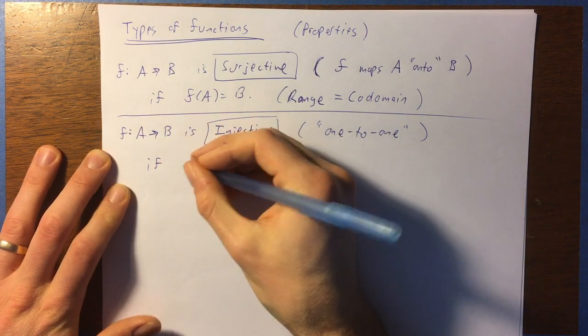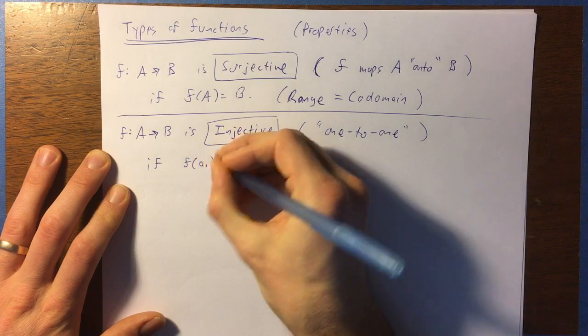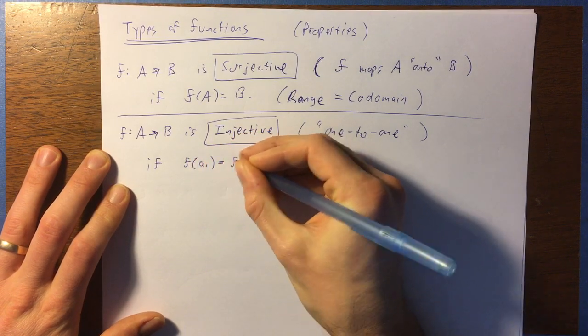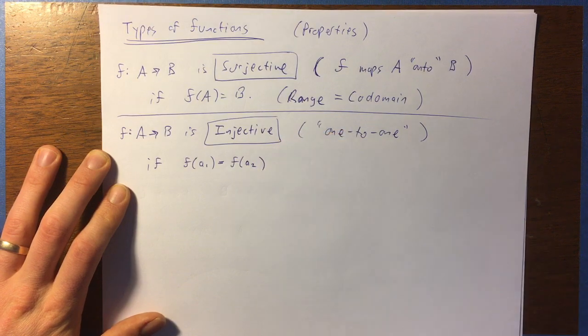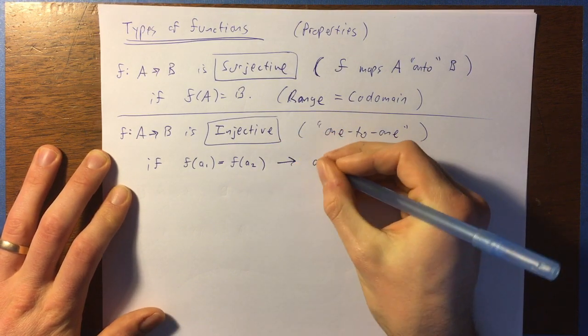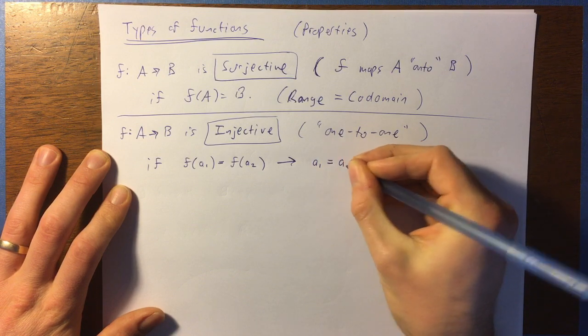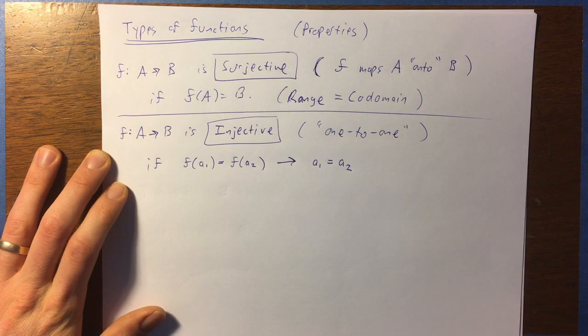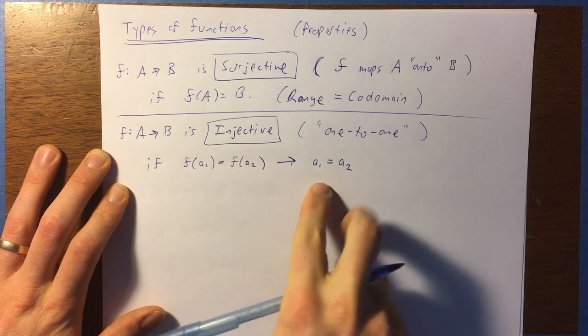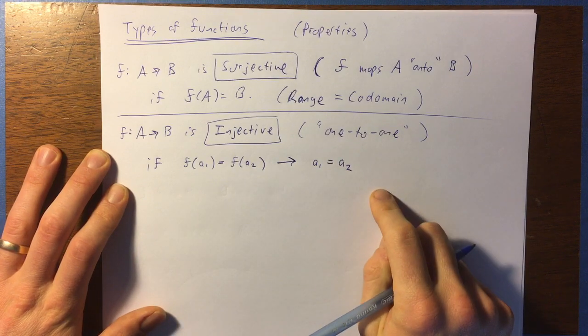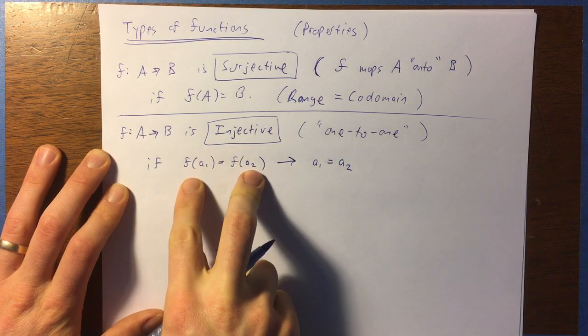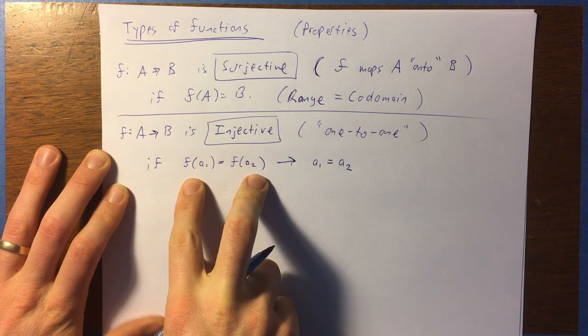And this is if whenever two inputs produce the same output, so like f of a1 equals f of a2, it's the case that those inputs must have actually been the same. Okay, so if two inputs give you the same output, it must have actually been the same input each time. So it wasn't really two inputs, it was really one input, is the point there.